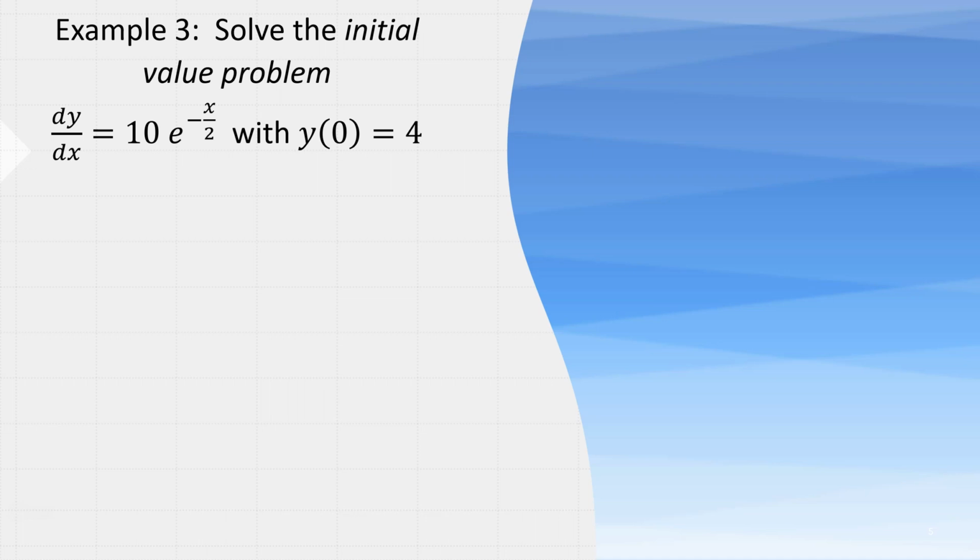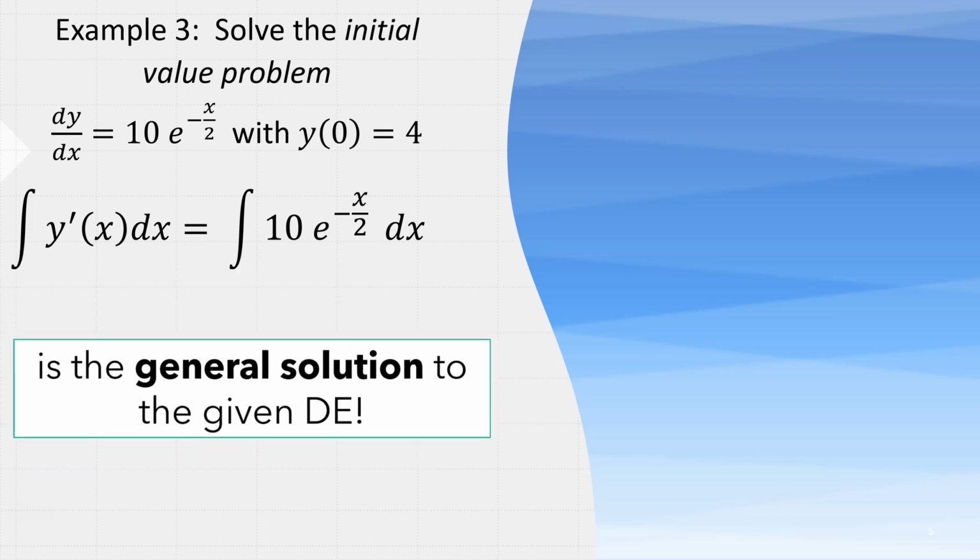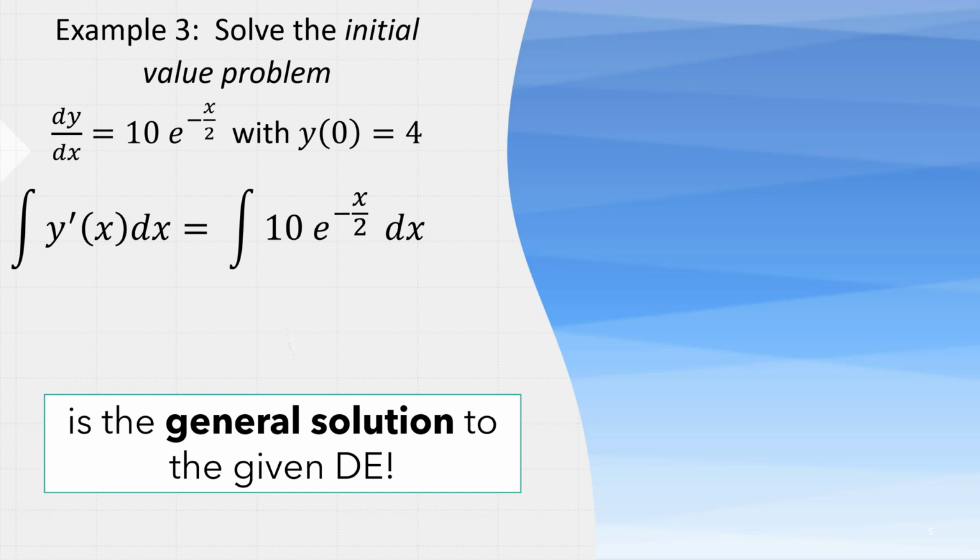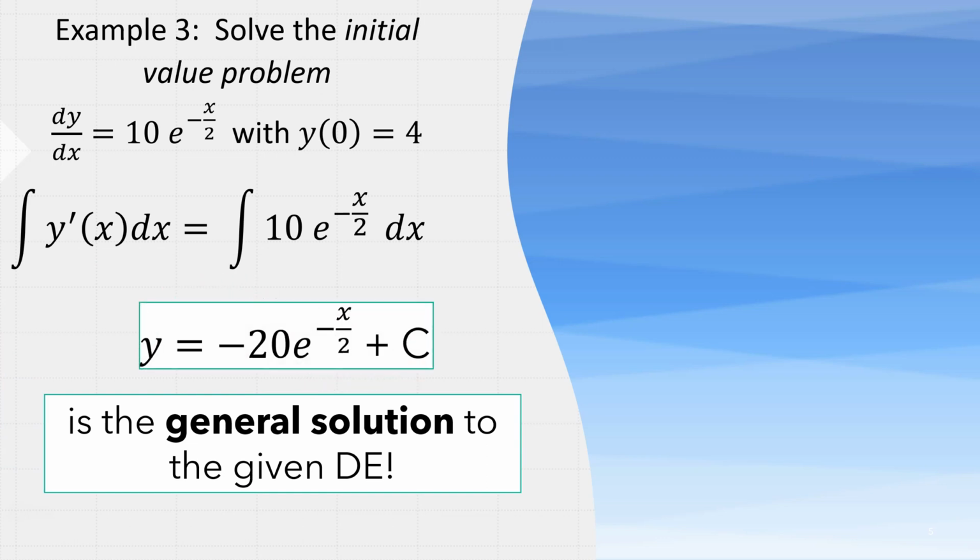If we were just going to consider that differential equation and integrate both sides, then we will have y is equal to negative 20 e to the negative x over 2, because you have to divide by negative 1/2, which means to multiply by negative 2, and that makes it negative 20, and then plus c. Okay, now that's the general solution.